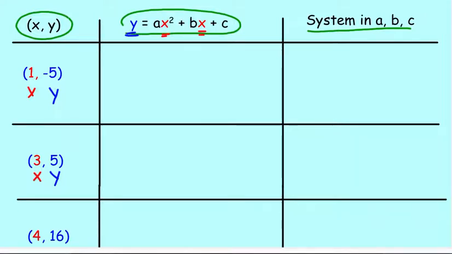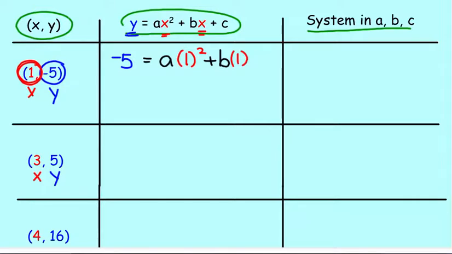So now, in this case, our y equals -5. That's going to be our left-hand side. Equals a, we're going to leave that alone. And now our x is our 1, and we're going to square that. Plus b, we're going to take that x again, which is 1, and then plus c. Now let's clean it up.